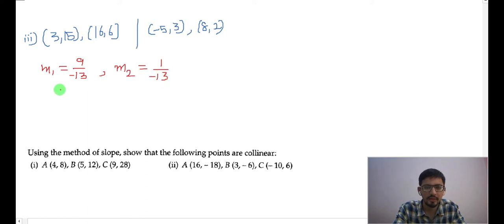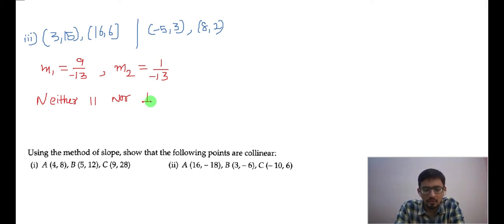So very clearly we can understand m1 and m2 are not equal, and the product is also not -1. So I will write that this line is neither parallel nor perpendicular. That's all. Like this you can do.